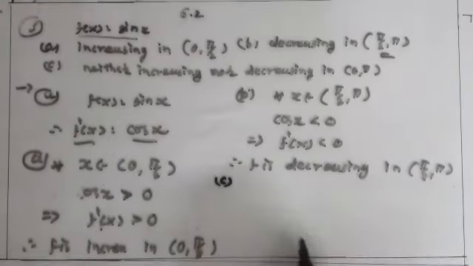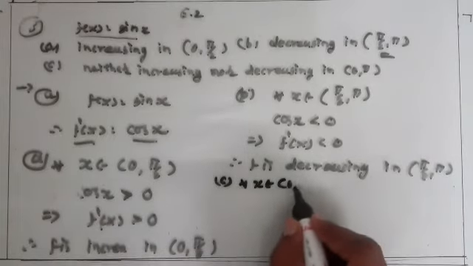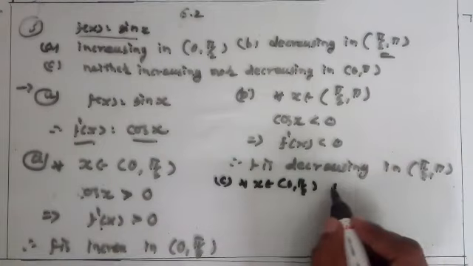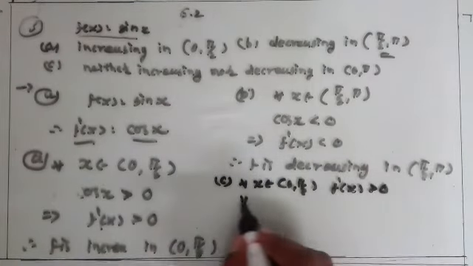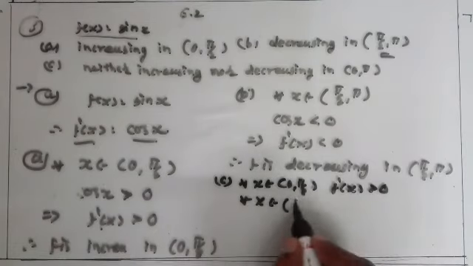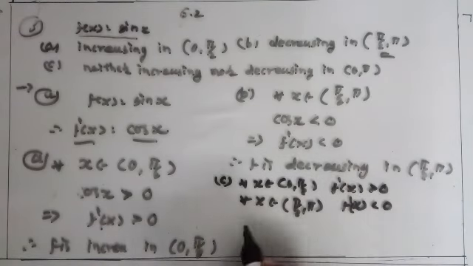C. Remember this, for all x belongs to (0, pi by 2), f dash x is greater than 0, and for all x belongs to (pi by 2, pi), f dash x is less than 0.